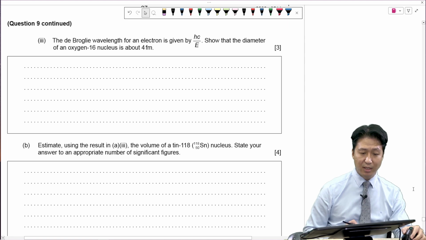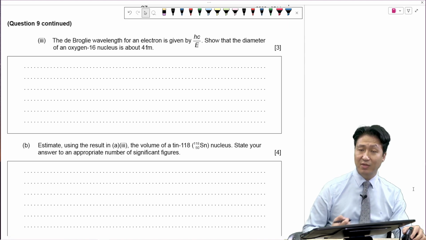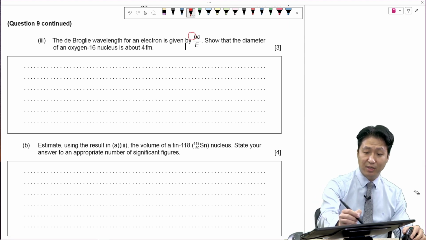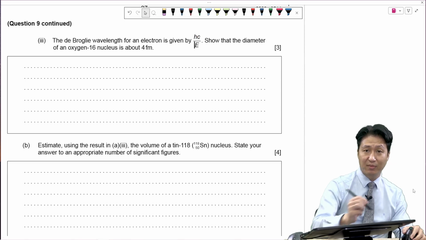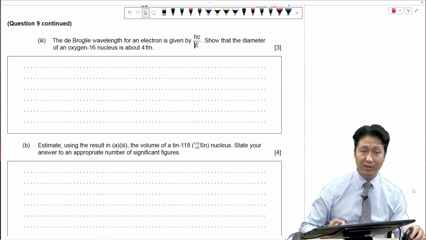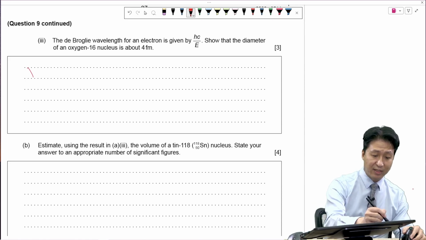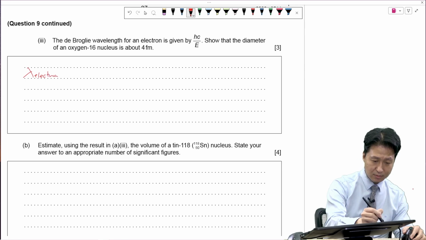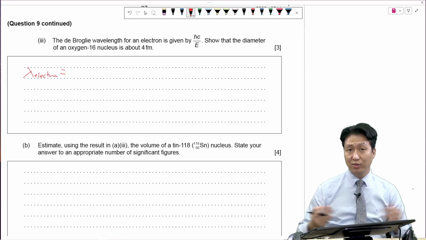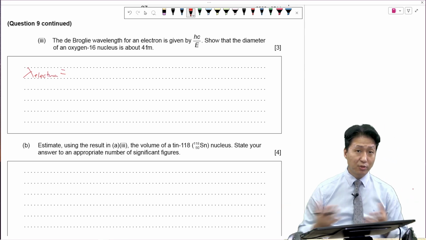Part 3. The de Broglie wavelength for an electron is given by Planck constant multiplied by the speed of light divided by the energy. Show that the diameter for an oxygen-16 nucleus is about 4 femtometers. First of all, you have to find the actual wavelength of the electron. And you can use either joules.